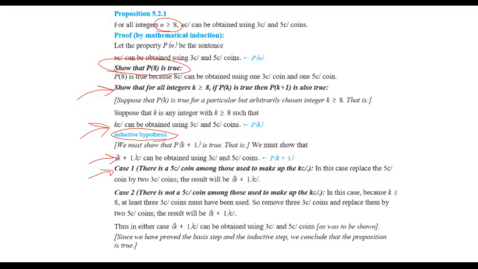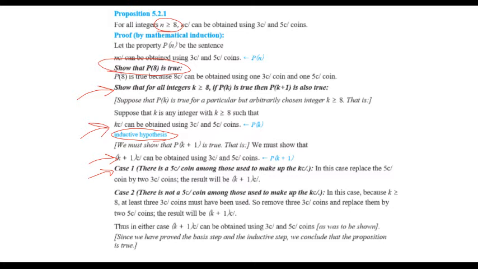Because we remove 5 cents and add two 3-cent coins, which is 6 cents. So we replace 5 with 6 cents, which means we add 1 more cent to those k cents that we had before.